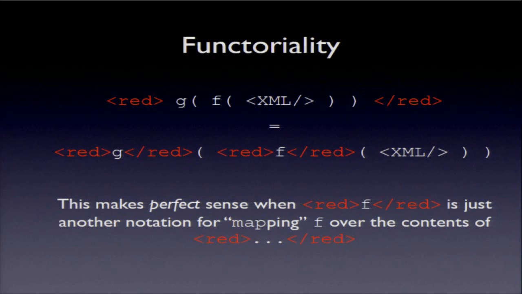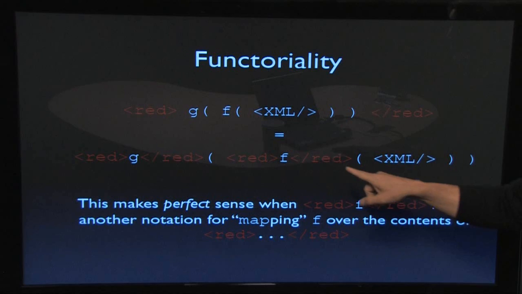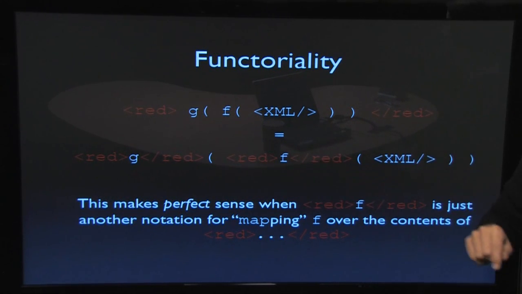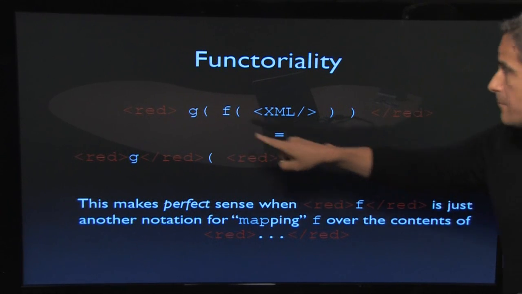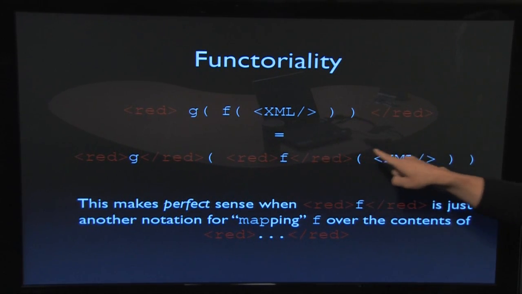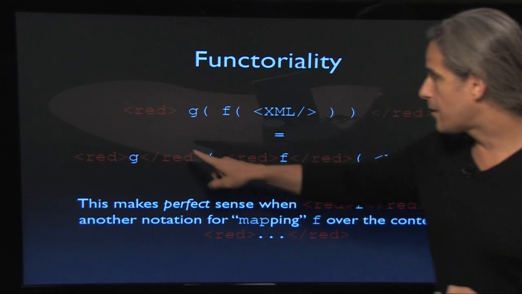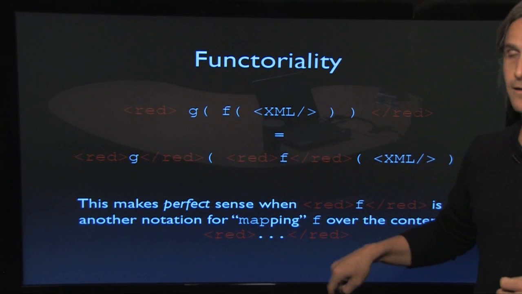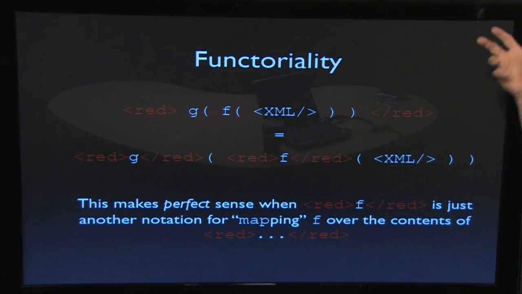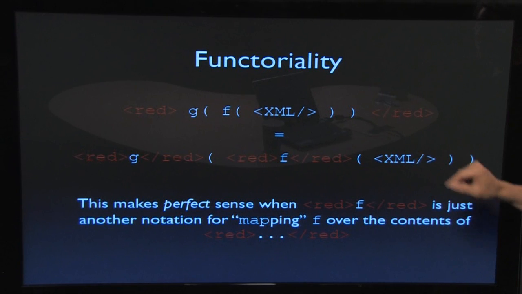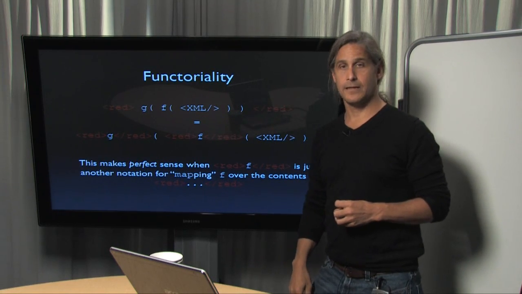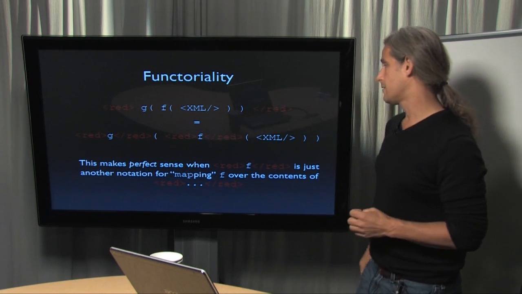Now, what would be interesting is if there was a way to think about this monad as operating on functions. Okay, so I apply the monad to the function, and then I apply it to the data. And I apply the monad to this other function, and then I apply that to the result of this. And functoriality, one of the two conditions, says that these two things have to be the same if we can make this precise.